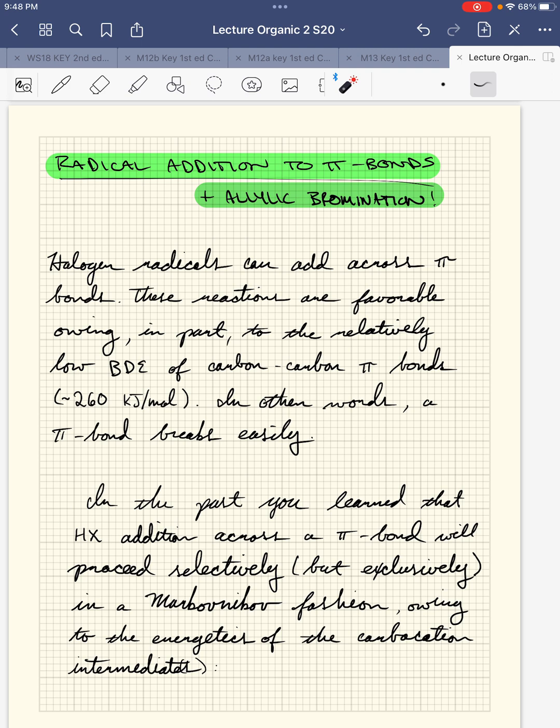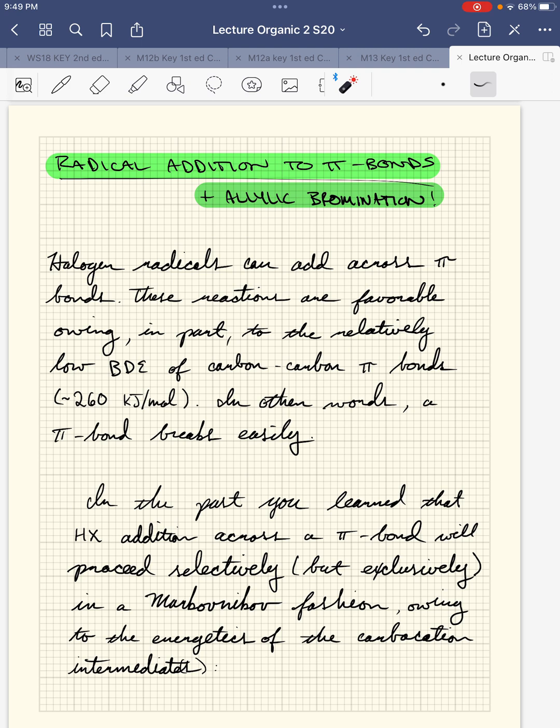Now, radicals can react with pi bonds because the carbon-carbon pi bond, just the pi bond, is relatively weak. It's estimated that that bond is in the 250 to 260 range, and that energy is much lower than your prototypical carbon-hydrogen bond. Those, at the lowest, are 350, and usually much higher.